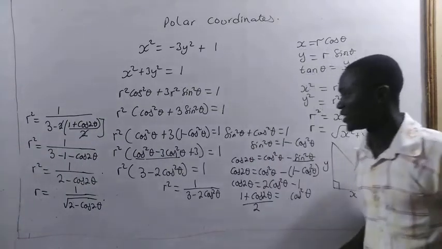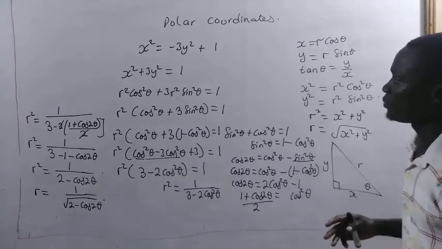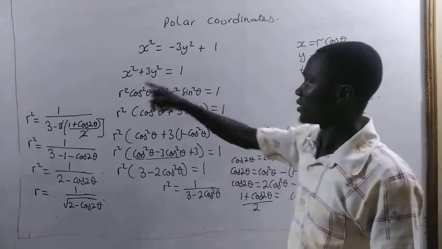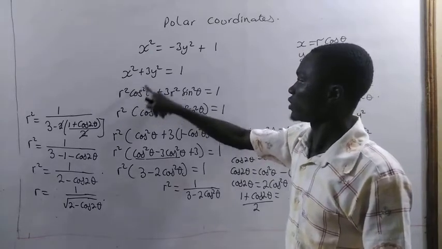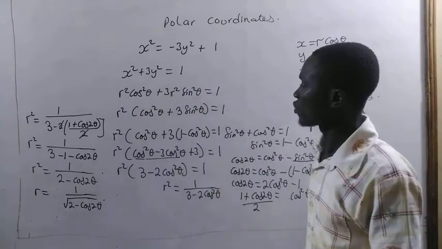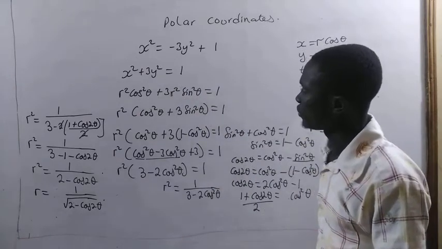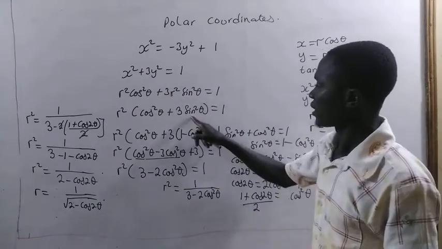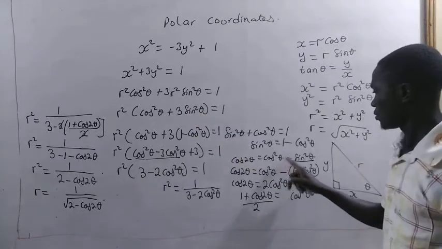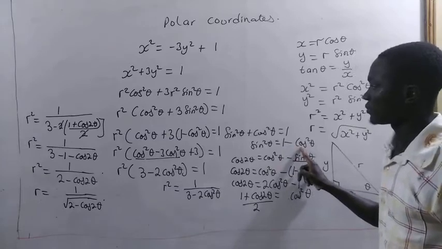So going through this, I don't think it's a big problem. If you look at this one, x squared is r squared cosine squared, y squared is r squared sine squared, and we have our 1 here. So here what we do is that we are substituting sine squared, which is equal to 1 minus cosine squared.